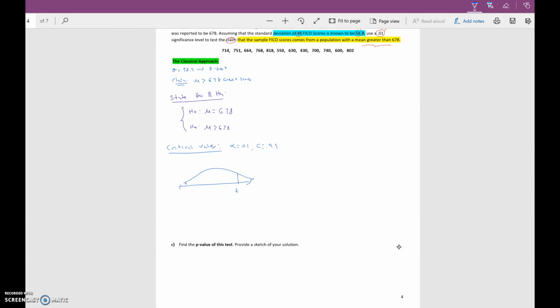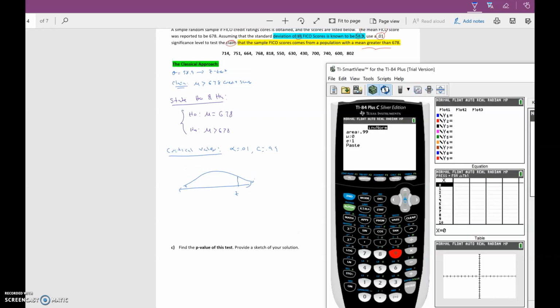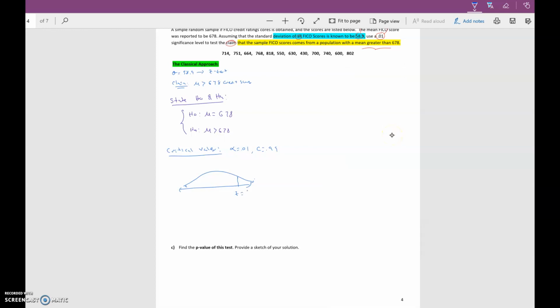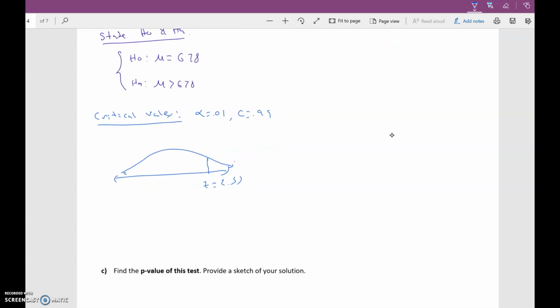Since you have the level of significance to be 0.01, so 0.99 to the left, in this case we're looking at 2.33, rounding to 2 decimal places.